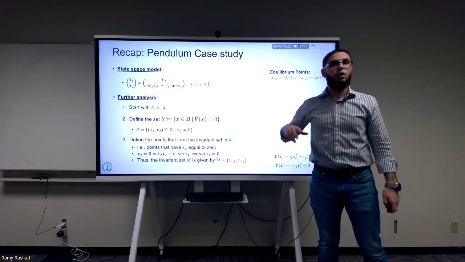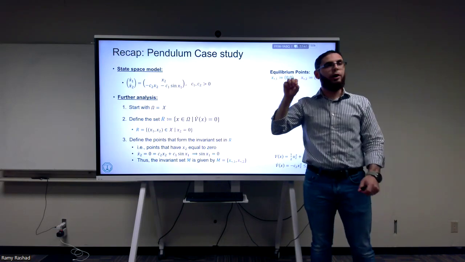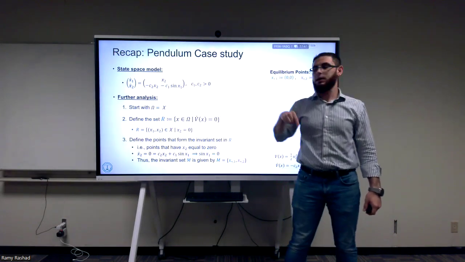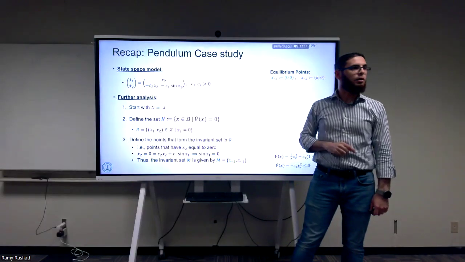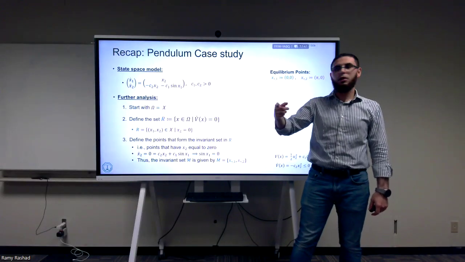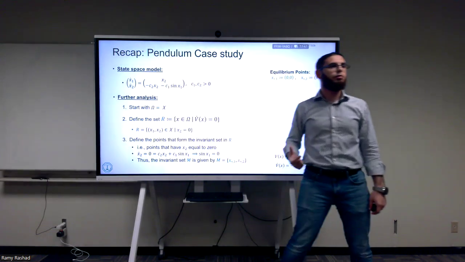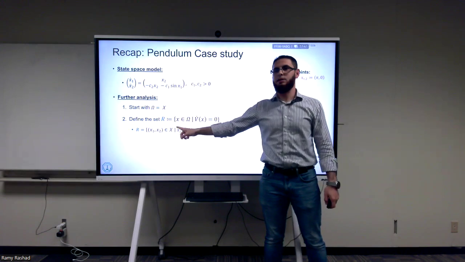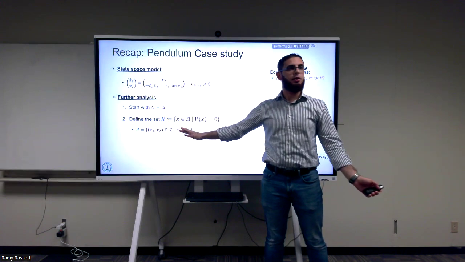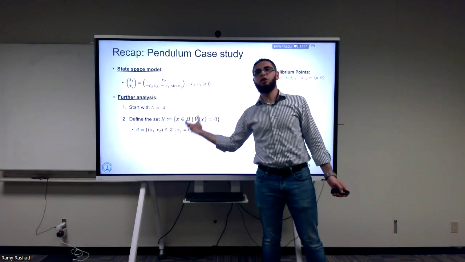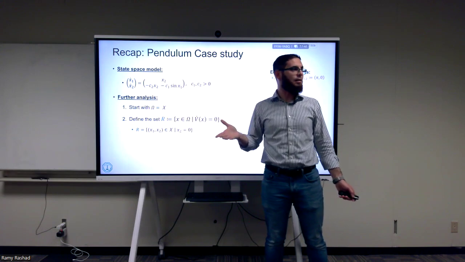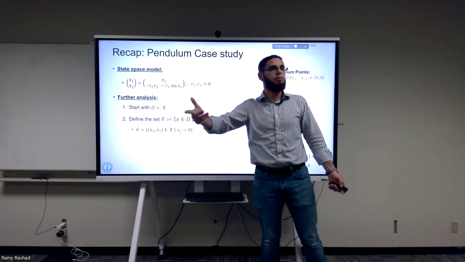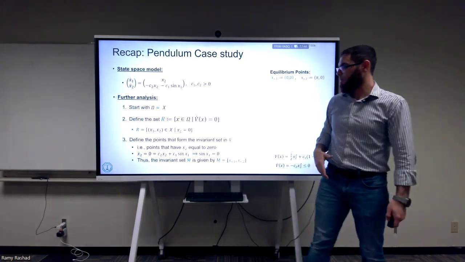So now let's look at this set R. All of the points x that start in R, have x2 equal to 0, and do not change will have x2 dot equal to 0. In other words, it's as simple as taking the time derivative of this condition. If the time derivative of this condition is equal to 0, this means that I'm starting at a point inside of R and I'm not going to change. I'm going to stay within that point.